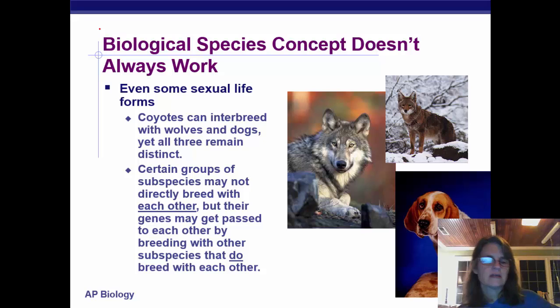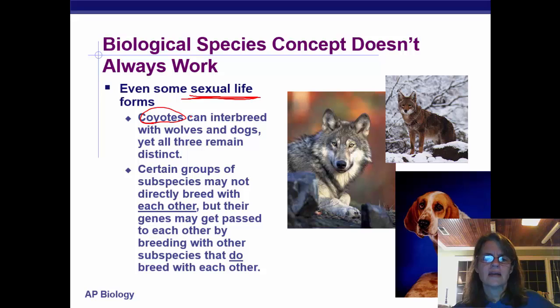A last way that the biological species concept doesn't always work is even in some sexual life forms, because hybridization can occur so well, though it doesn't always. It's really hard to distinguish species sometimes.